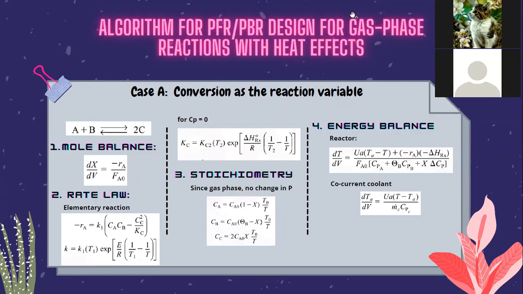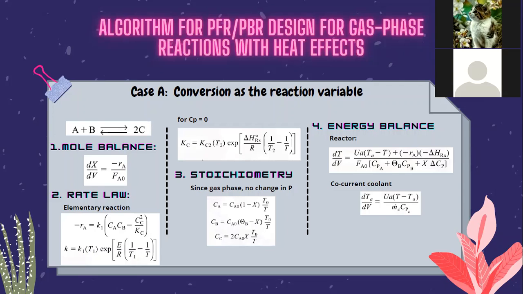Next step is we have to find the stoichiometry for the reaction. Since it is gas phase, it means that there is no change in P in this reaction. So this is the stoichiometry to find the concentration for all mole components Ca, Cb, and Cc.